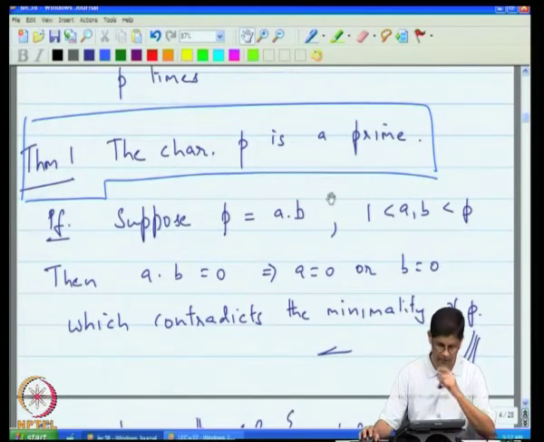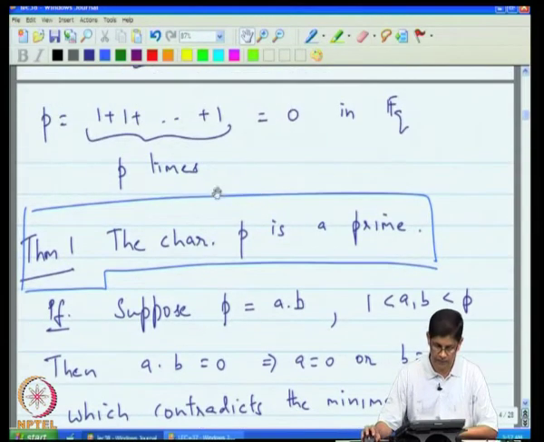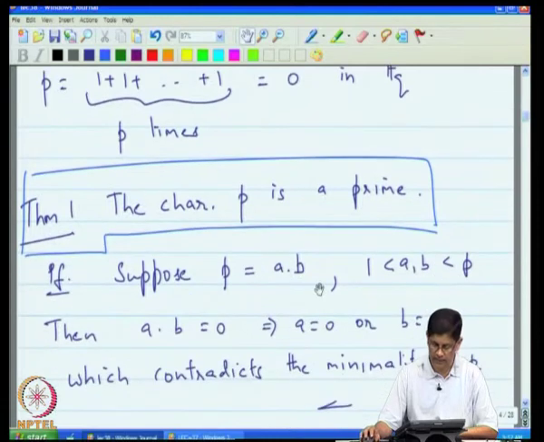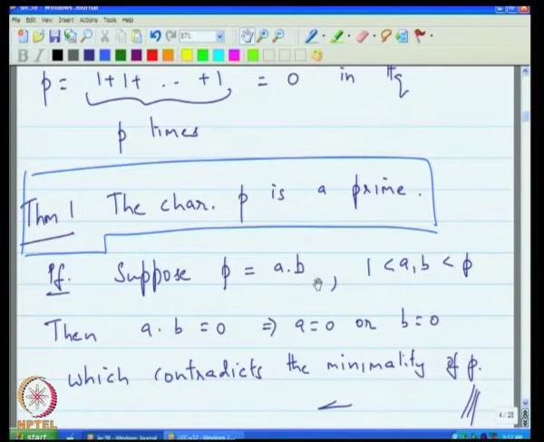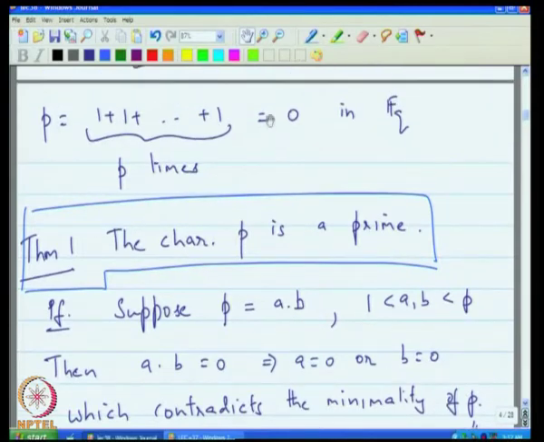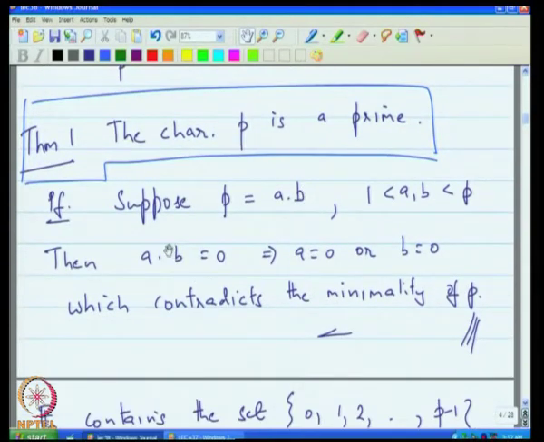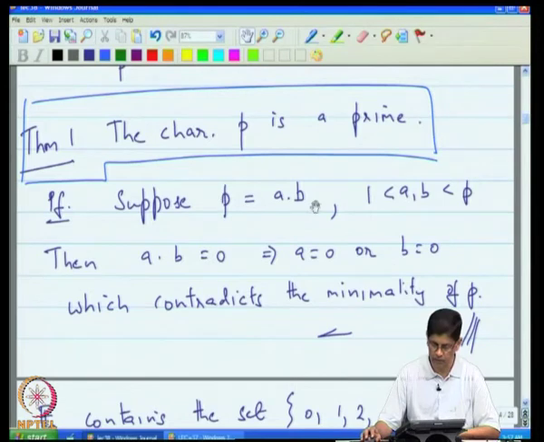Well, it is straightforward. Supposing this characteristic was actually a times b. That means you took a times b copies of 1 and added them together, and you obtained 0. That is equivalent to saying that a times b is 0. But if a times b is 0, then it must be that either a is 0 or b is equal to 0. But remember that since you factored p into the product of a and b, it must be that both a and b lie between 1 and p.